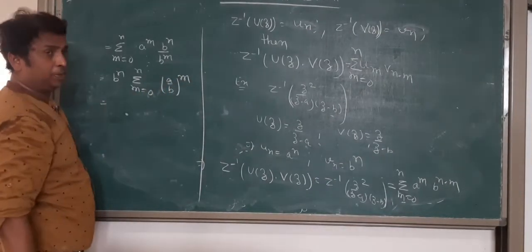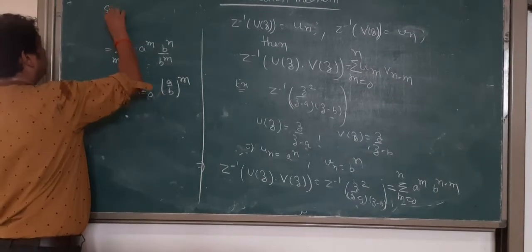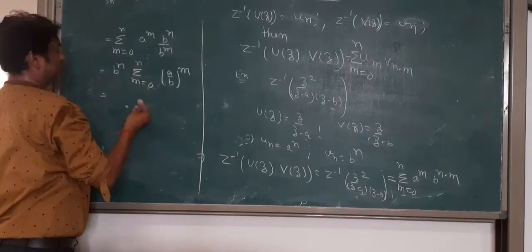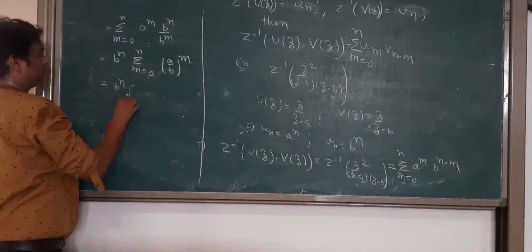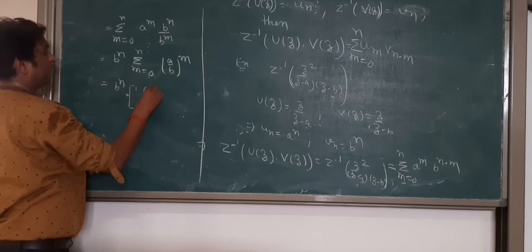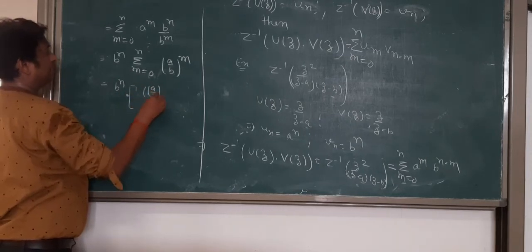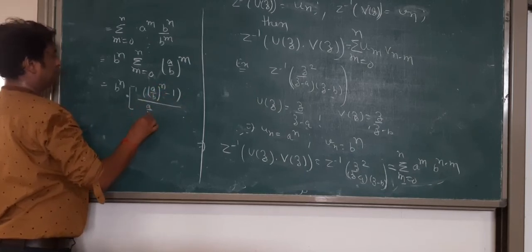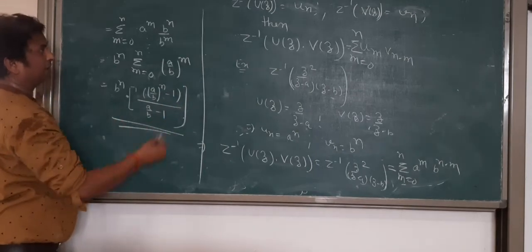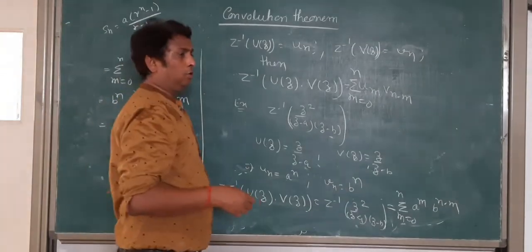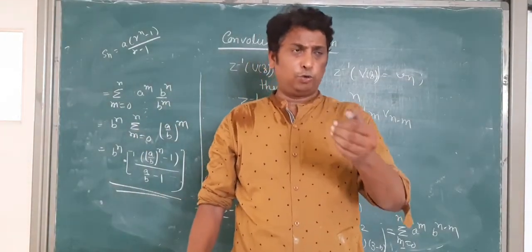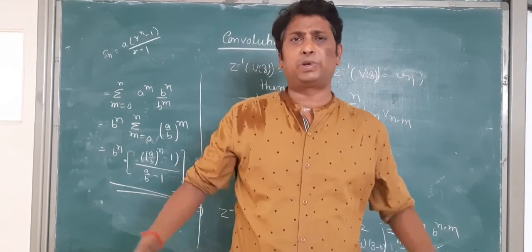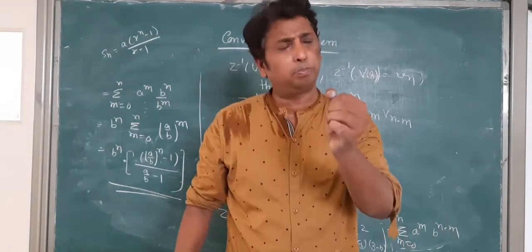This is a GP series, and the sum of n terms of a GP series is a times (r to the power n minus 1) upon (r minus 1). What is the first term? 1 only. r is a by b. Just simplify this one, that's all, you will get the answer. So using the convolution theorem we can find it easily sometimes, and sometimes it's quite difficult, then you use the partial fraction method.